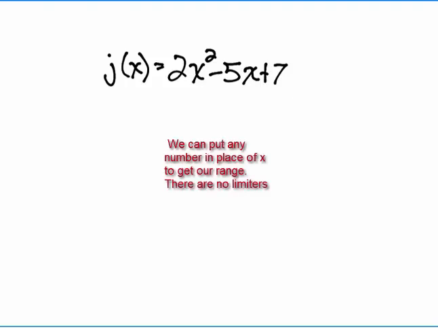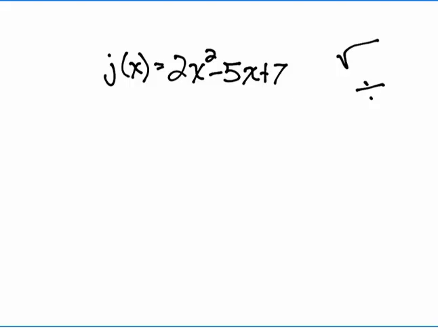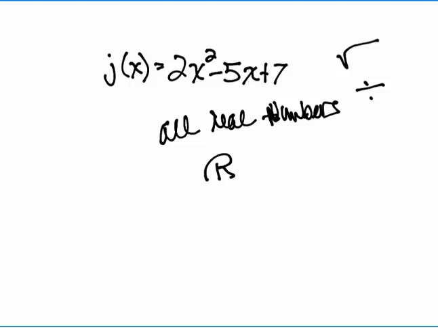And that there's no square radical, right? And no division problem to worry about. So in this one, it would be all real numbers. And how we write that is a nice little fancy R, and that's just all real. So you could put all reals, you could put all real numbers, or you could put this R. Any one of those three is correct.